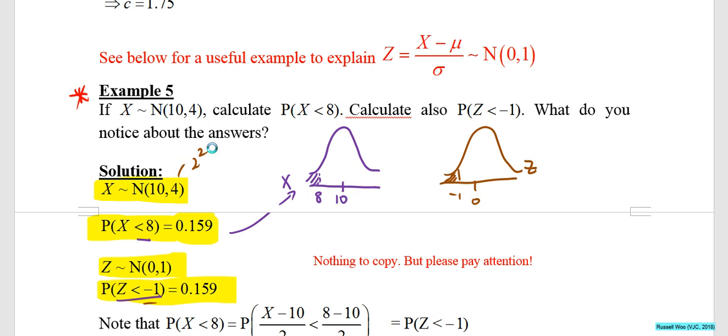The probability that I'm going to find here, this area, is also the probability that the value is 1 standard deviation away, because the standard deviation here is 1.